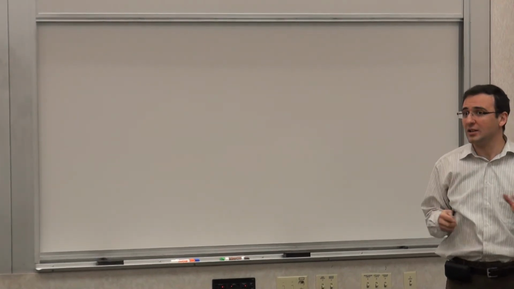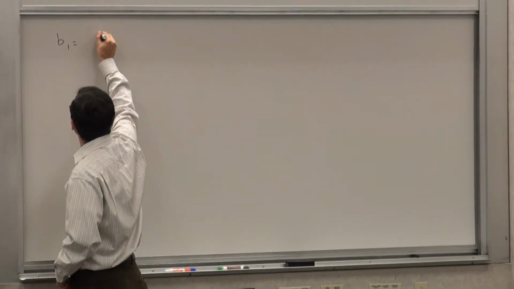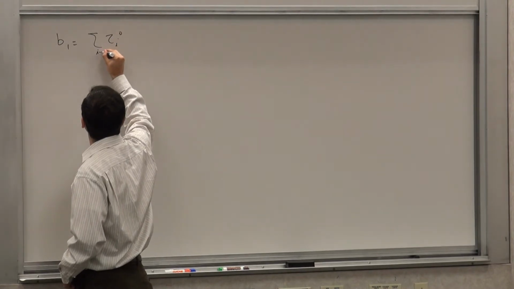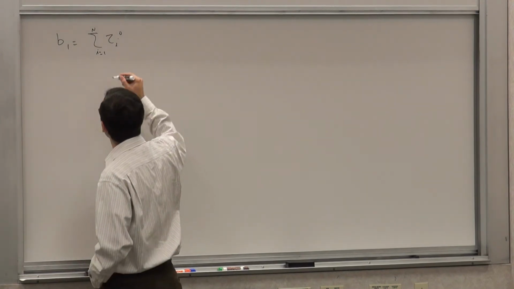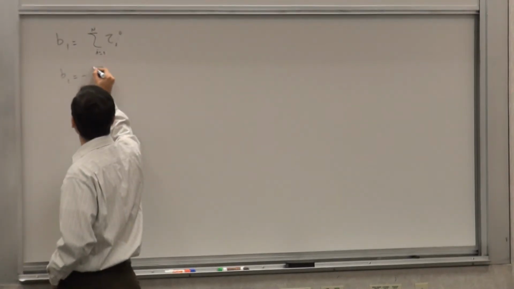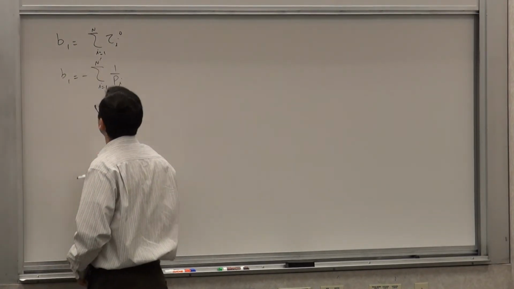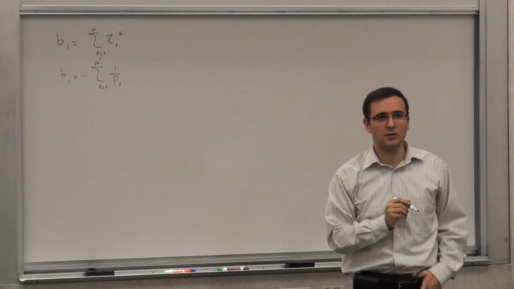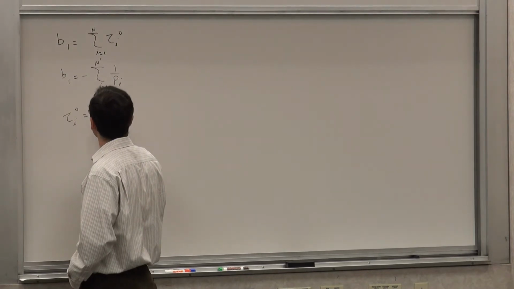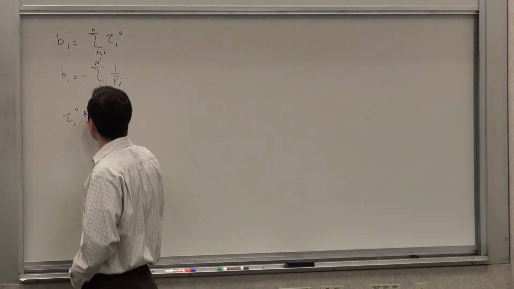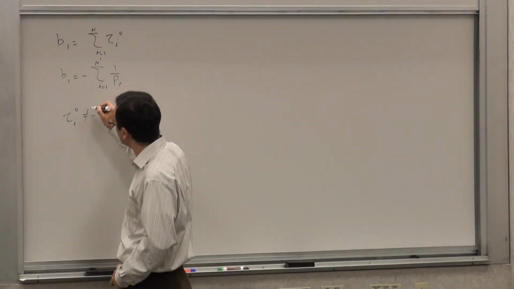You remember B1 is obviously the sum of the zero value time constants. And also we showed through our factorization of the denominator that B1 is also equal to minus the sum of the reciprocals of the poles. Right? But we said that in general, it's not true that the reciprocals of the full time constants are equal to that. This is not generally true.